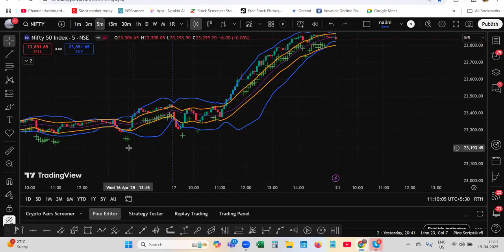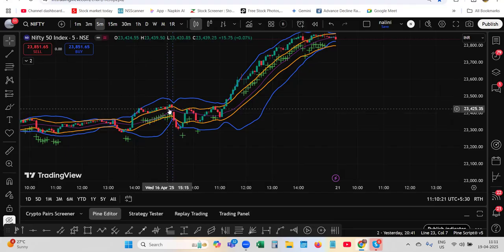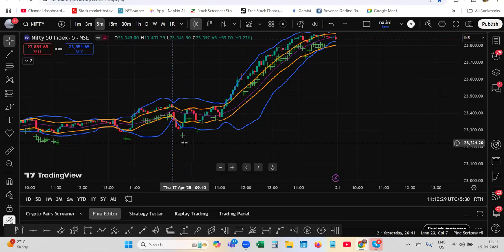See, this was the previous day chart, it did not touch. Here you can see the Bollinger Band. It is touching the Bollinger Band and could not go there. This indicator will show you green color plus signs. You can tweak it to a plus sign or dots, according to you.